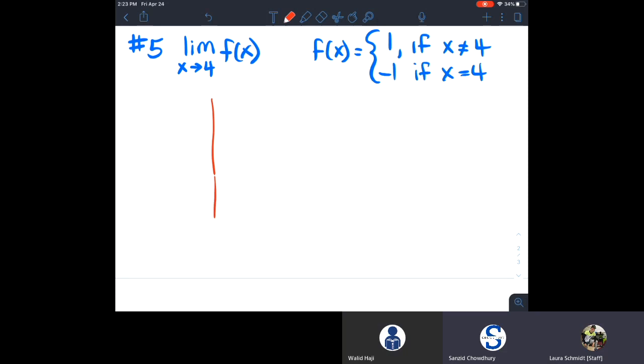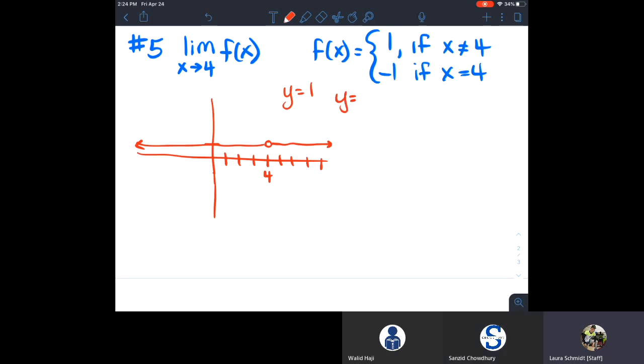I'm just gonna try to draw it if I can. Okay, so basically we got y equals 1, which is a horizontal line, when x doesn't equal 4. So any values other than 4 give us this equation.